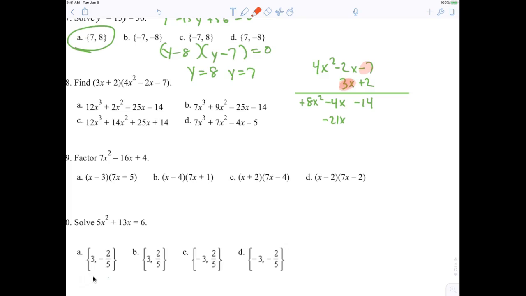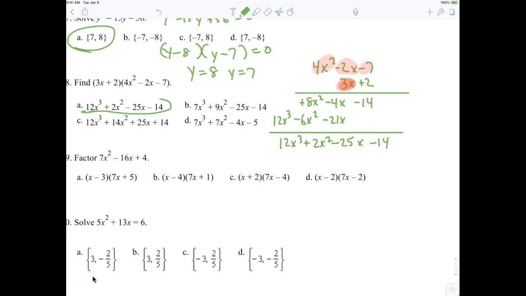Then you're doing 3x times negative 2x, which is negative 6x squared. And finally, 3x times 4x squared, which is a 12x cubed. So 12x cubed plus 2x squared minus 25x minus 14. So correct answer had to be what? A.